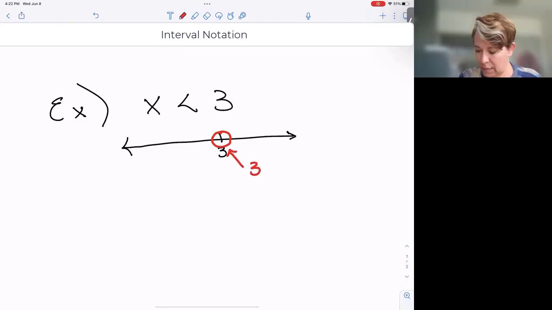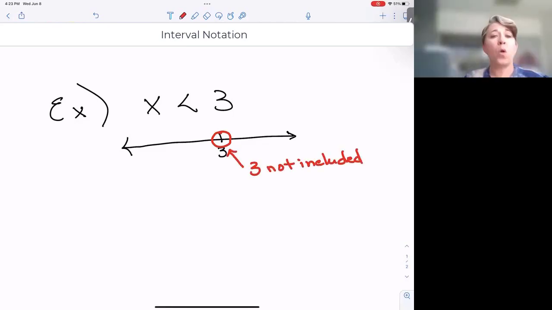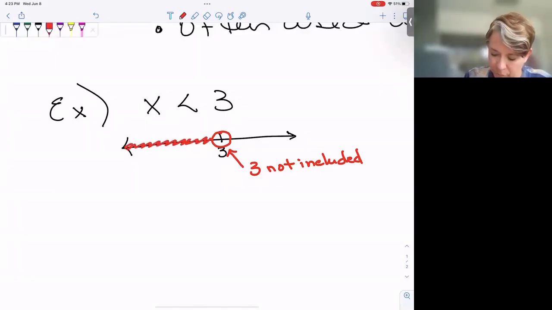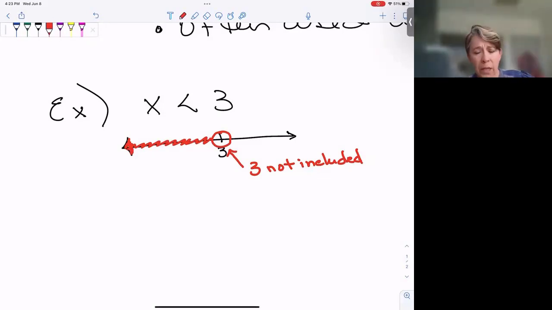So 3 is not included in our solution, but all of the numbers that are smaller than 3 lie to the left. Notice all of those numbers from negative 10,000 all the way up to 2.9999999 would work and they're smaller than 3, but we cannot list all of them.